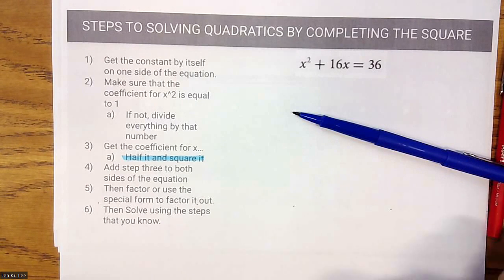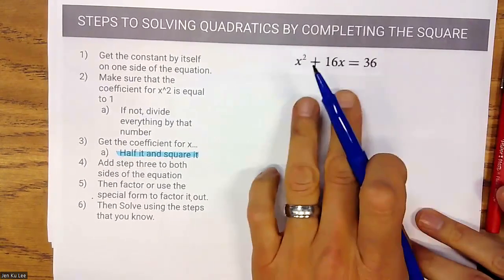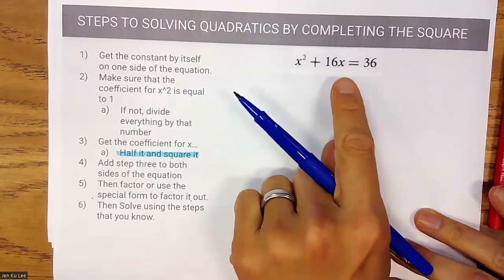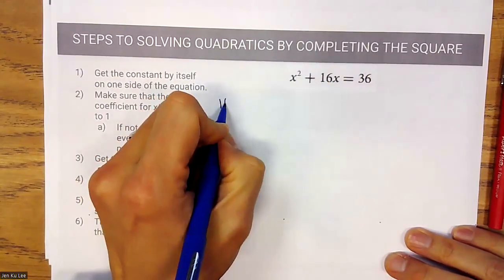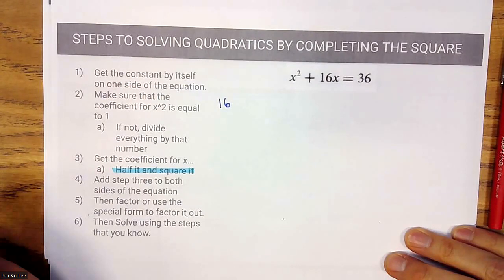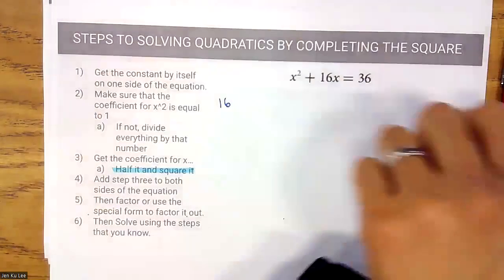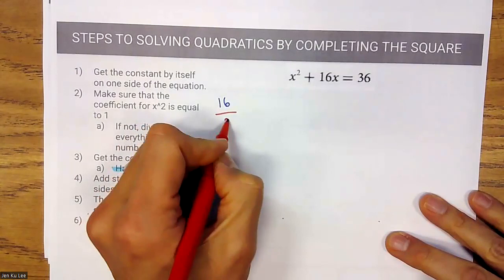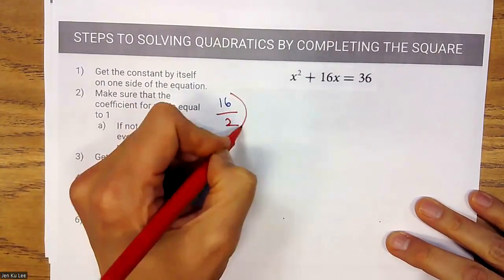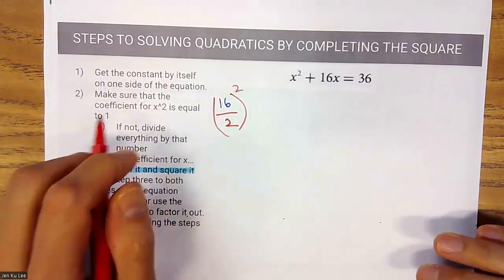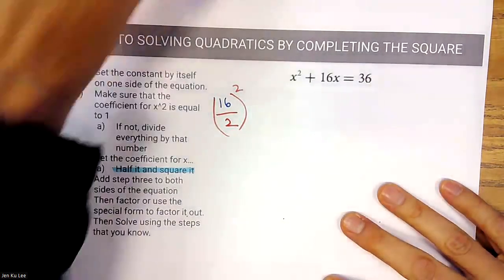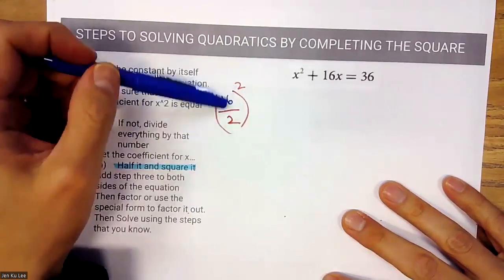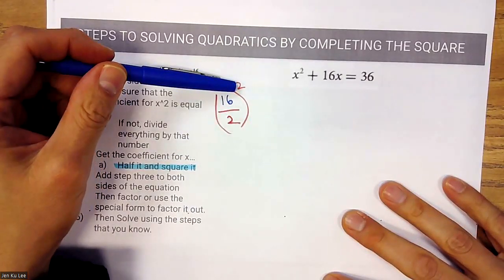So in math, I'm going to get the coefficient for x, right? 16. And I'm going to half it, square it. Hopefully that'll help you memorize the steps. Okay. So we're going to half it and we're going to square it, right?